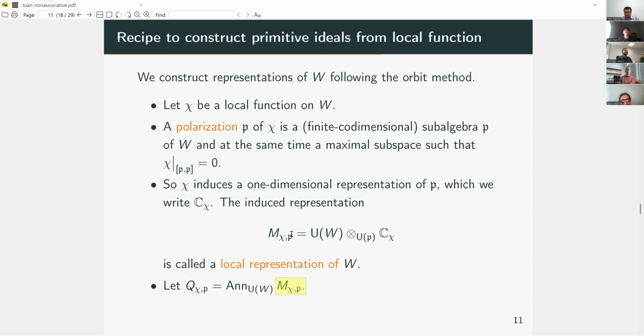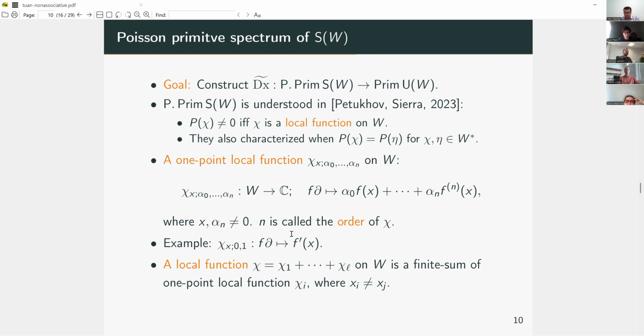When you have chi being x0, x1, for example: one function sends f del to f prime x, and one function sends f del to f of x, then I think one of them is not simple.